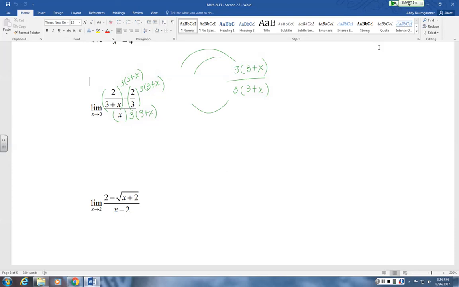So I'm basically doing a whole bunch of that mess in my head. What happens, again, you'll see this a lot in my notes, is the 3 plus x's will cancel, and so the next thing that I'll have written down is two times 3 is 6.